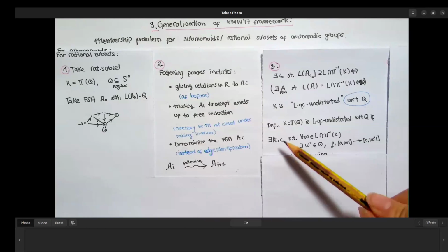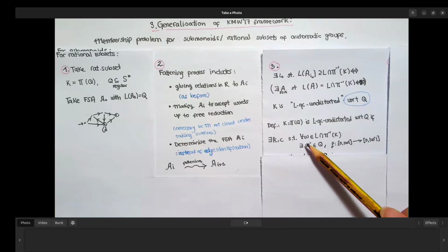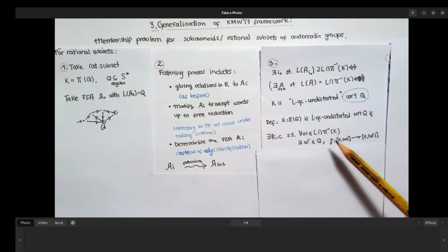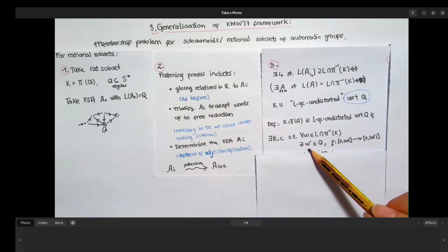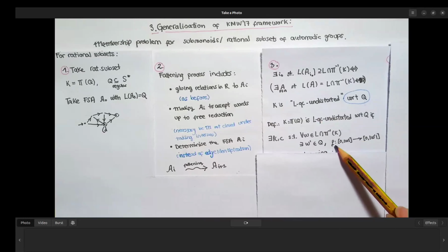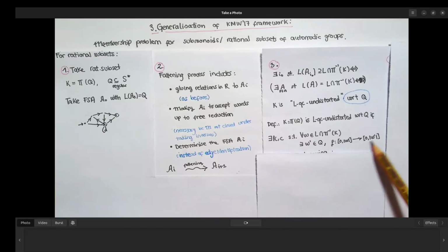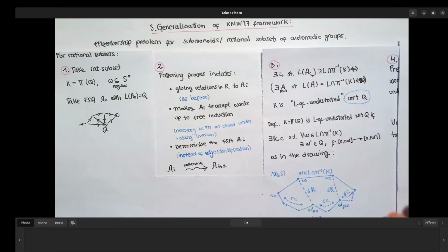there are two global constants, so this C is new. There are two global constants such that every L representative of K, of the rational subset, has an associated W prime in Q and an associated f pairing the path defined by W to the point defined by W prime, such that the following drawing is true.